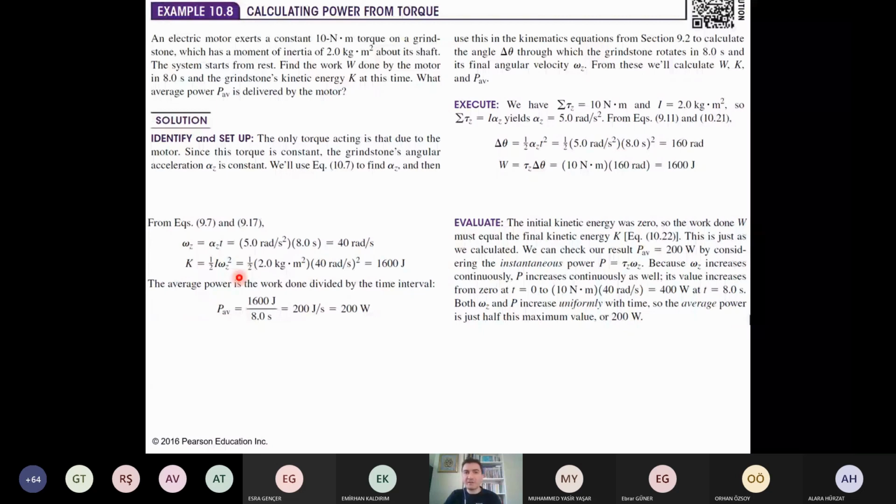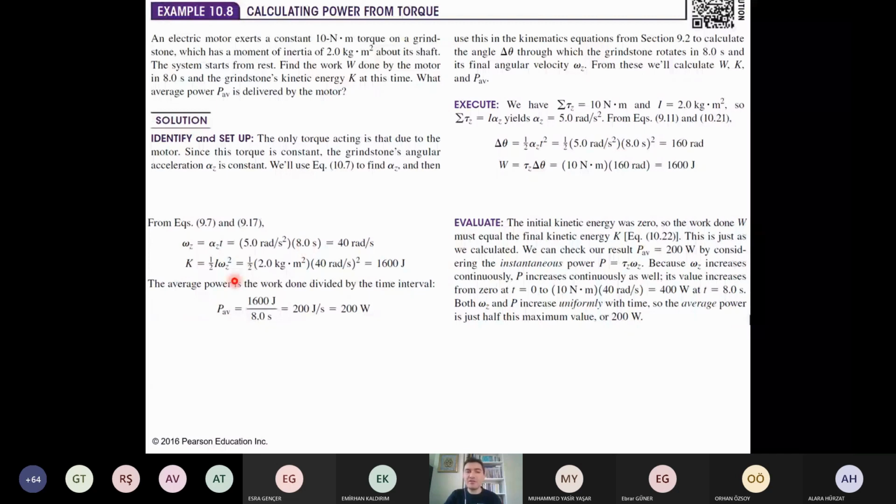We have calculated the angular acceleration. If you use this expression for constant angular acceleration, you can calculate the angular velocity when the time is 8 seconds. Then the angular velocity is 40 radian per second, and just use this angular velocity within this rotational kinetic energy, then you can find 1600 joule.